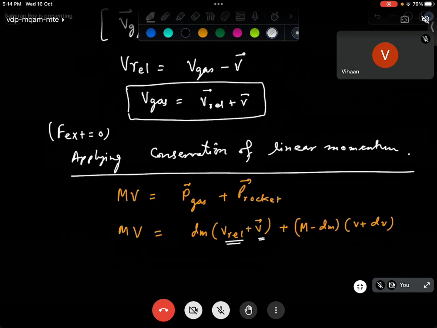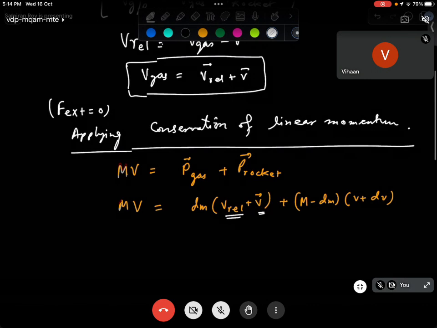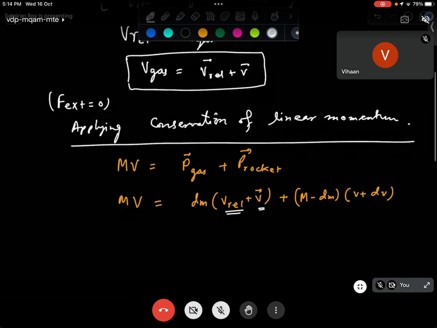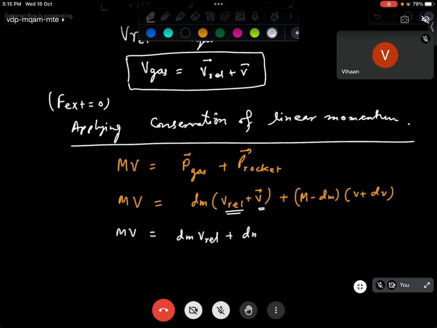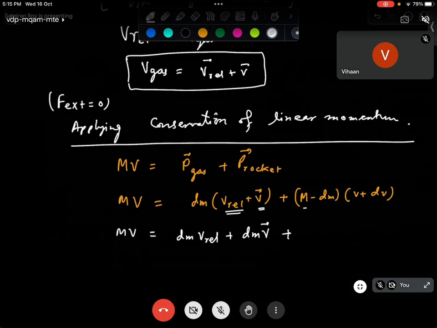Okay, is that clear? So I can write from here: Mv equals dm into v relative plus dm into v plus the mass of rocket, which was M minus dm, and the velocity was v plus dv, because the velocity of the rocket will increase because of the thrust force.